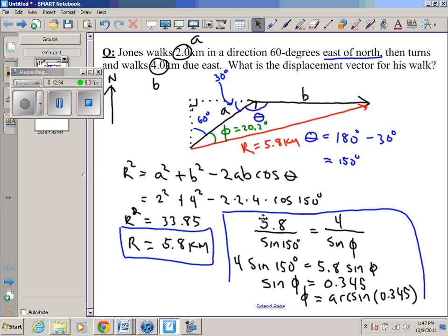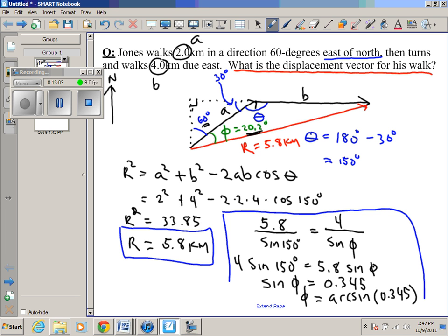So this will allow you to get a full answer to the question, what is the displacement vector for his walk? That was the question right here. Now you could say the displacement vector is 5.8 kilometers at an angle of 80.2 degrees east of north. I added the 60 degrees and the 20.2 degrees to get the direction.